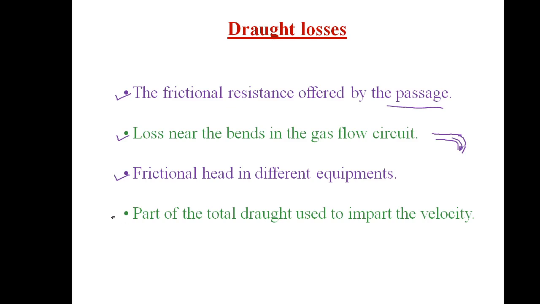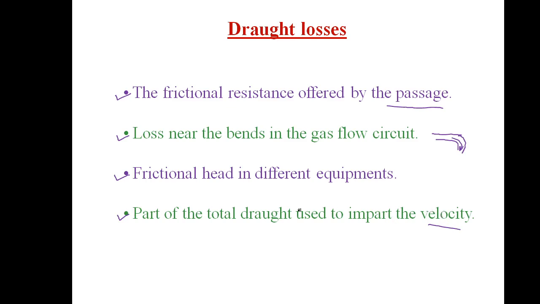Then part of total draught used to impart velocity. Some part of draught is used to impart velocity to the gases to pass through the combustion chamber. So total draught is utilized in various ways.